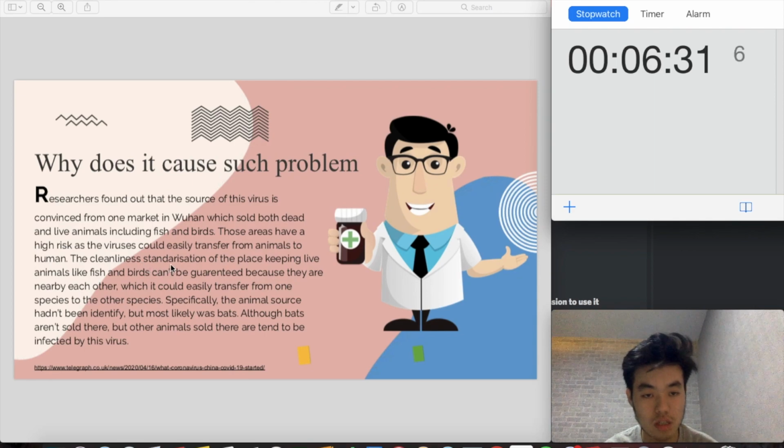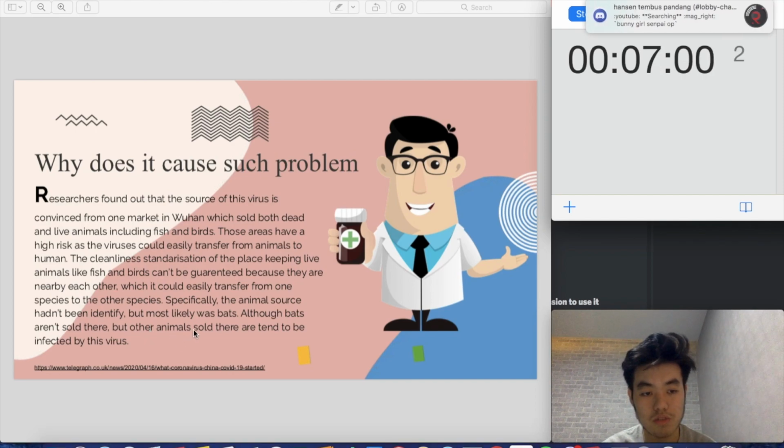The cleanliness and standardization of the place keeping live animals like fish and birds cannot be guaranteed because they are nearby each other, so it could easily transfer from one species to another species. Specifically, the animal source had not been identified, but most likely it was bats. Although bats weren't sold there, other animals sold there tend to be infected by this virus.